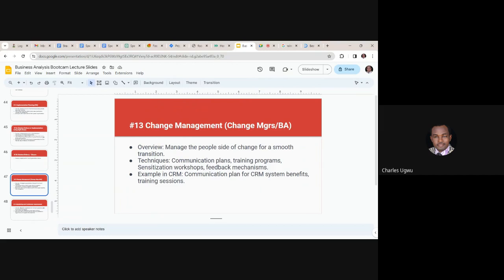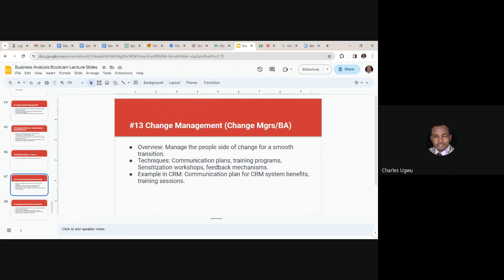So, for instance, a team that has been using Excel sheets to manage all their documentation and reports, and you develop a Dynamics 365 that is very, very sophisticated, you need to train them for them to understand how to use it. Equally, you need to organize a sensitization workshop to let them know the benefits of this project, because there's what we call resistance to change.